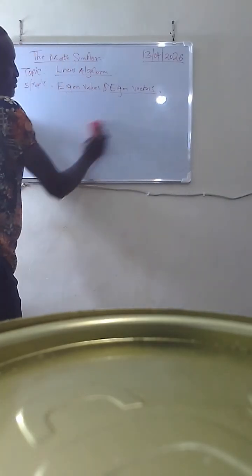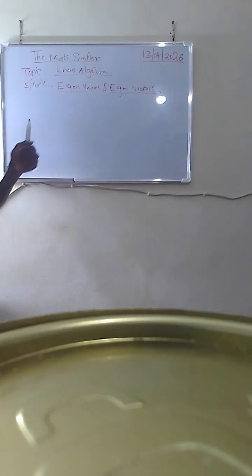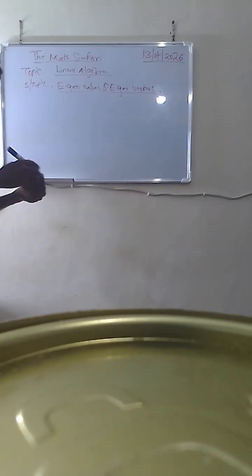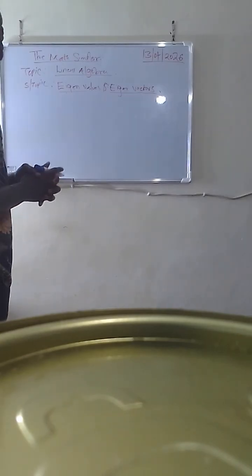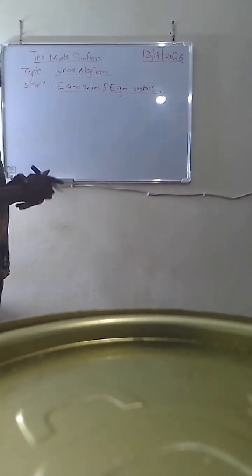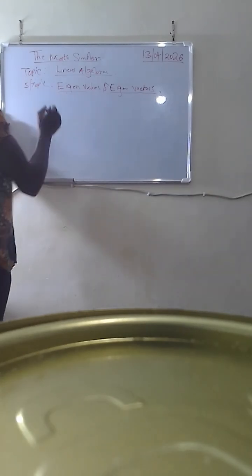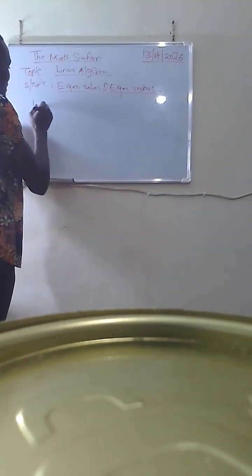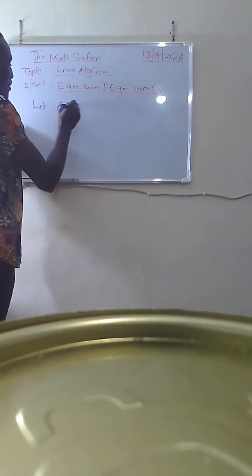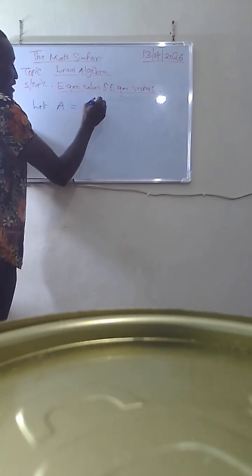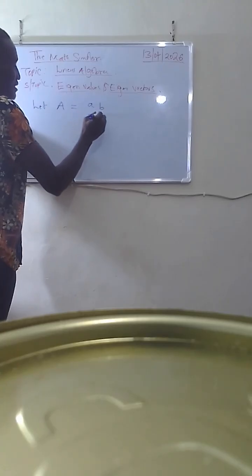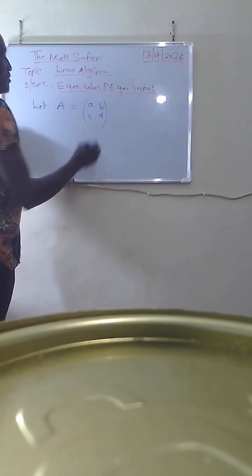Then we find the determinant of that matrix. Let A be our matrix with entries a, b, c, d.